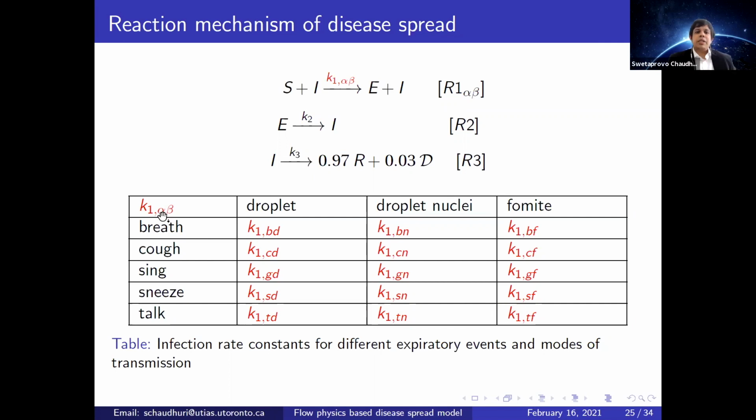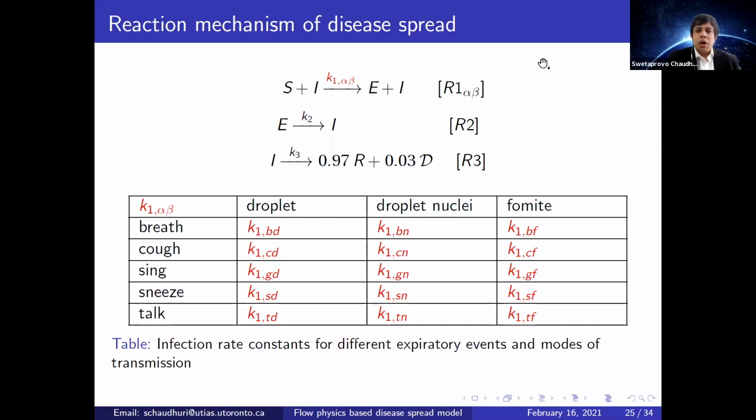The K1 alpha beta is dependent on both the respiratory event as well as the corresponding transmission vector. So we can break up this K1 alpha beta into all these different things: breath, cough, sneeze, droplet, and droplet nuclei fomite, and these are all the different rate constants. Okay, and then of course this is standard. The exposed becomes infected. The infected becomes either recovered or deceased, and these are the different fractions.